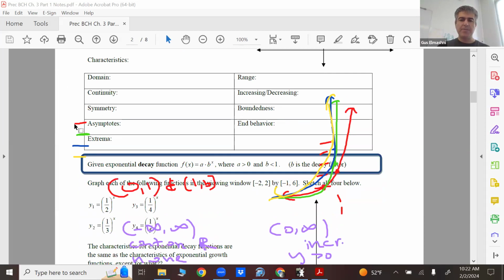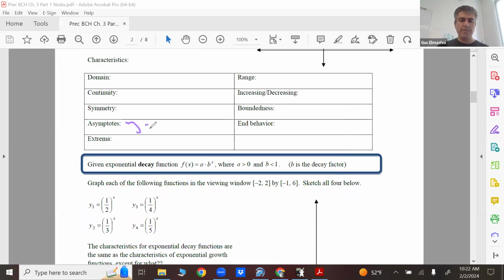Asymptotes, pretty obvious. y equals 0. Extrema, there's none. End behavior: the limit as x approaches negative infinity of f of x is going to be 0. And then the limit as x approaches positive infinity of f of x is going to be infinity.